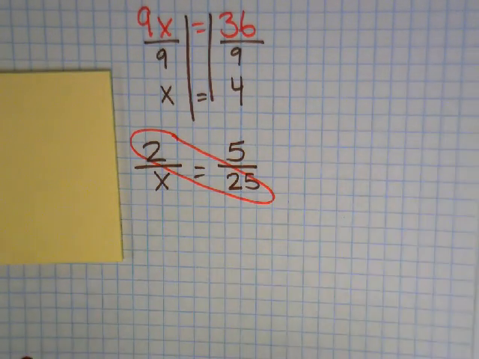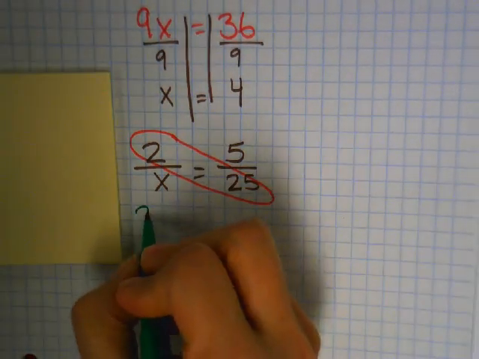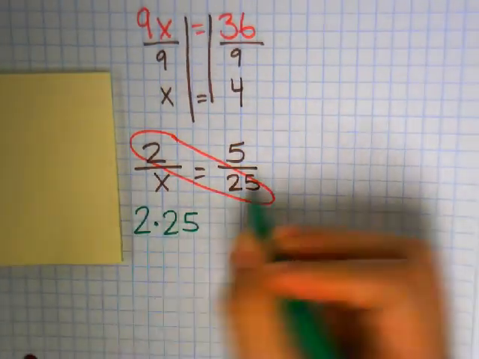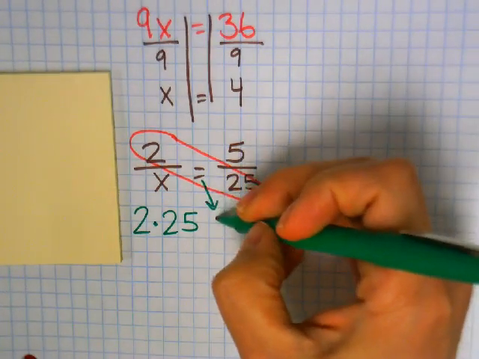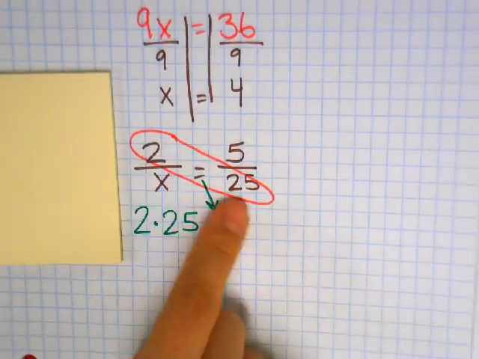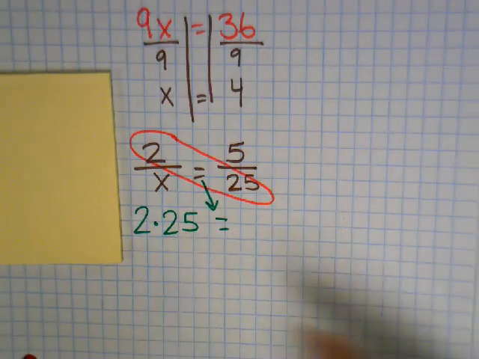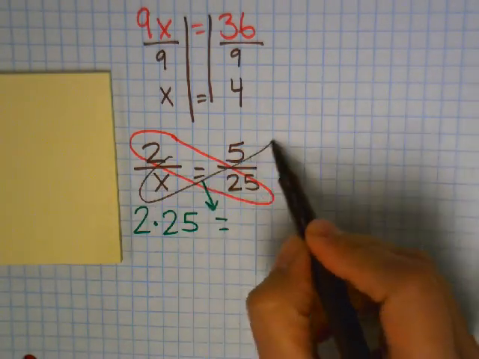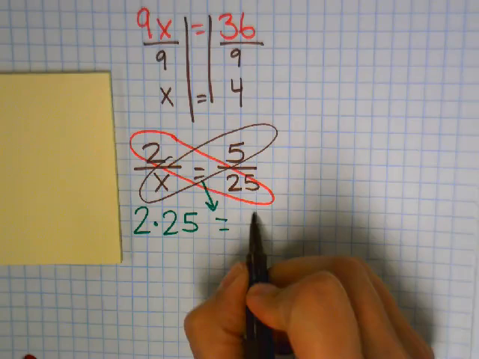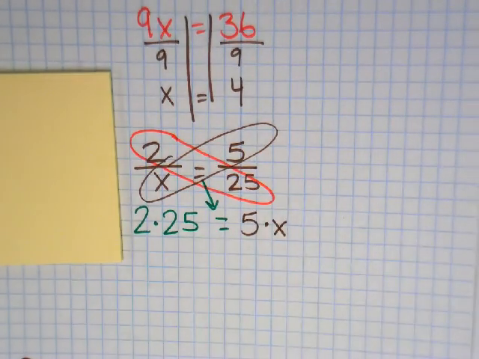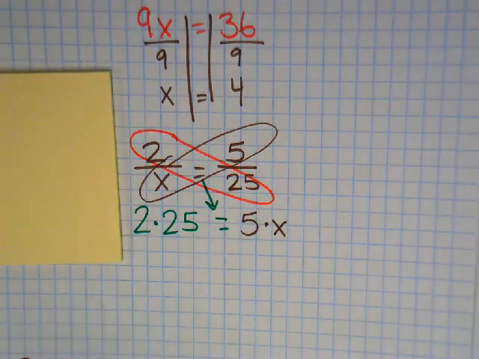You can't. All right. What's in the first circle? First circle, 2 and 25. Now second circle, what is it? x times 5.